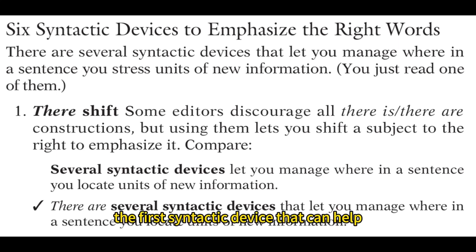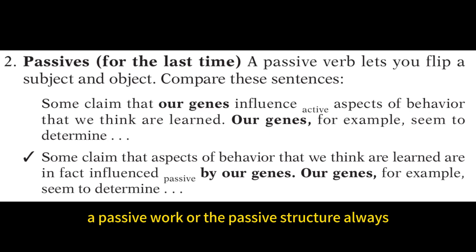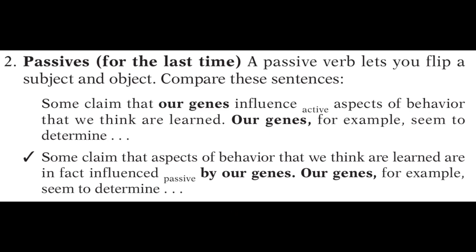The first syntactic device that can help to emphasize the end of a sentence, help emphasize the proper words, the first trick is the there be shift, the there be structure. And the second one, the passives. That's quite easy. As we know, a passive verb or the passive structure always reverts the position of the subject and the object.